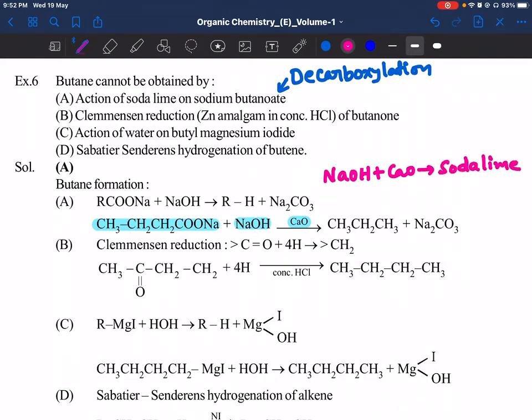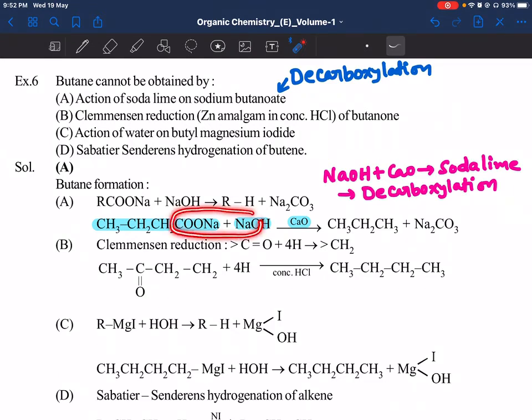In the presence of soda lime, which reaction takes place? Decarboxylation. When decarboxylation takes place, it loses CO2, and this CO2 and these two sodium atoms go out as Na2CO3. This hydrogen combines with this carbon. Like that, he got propane.